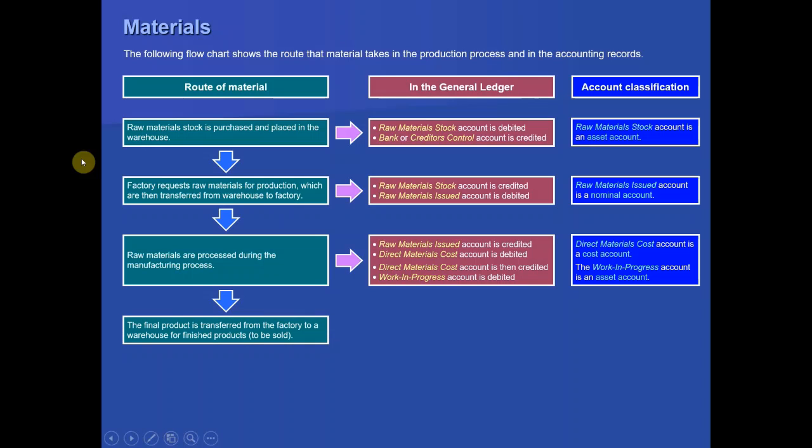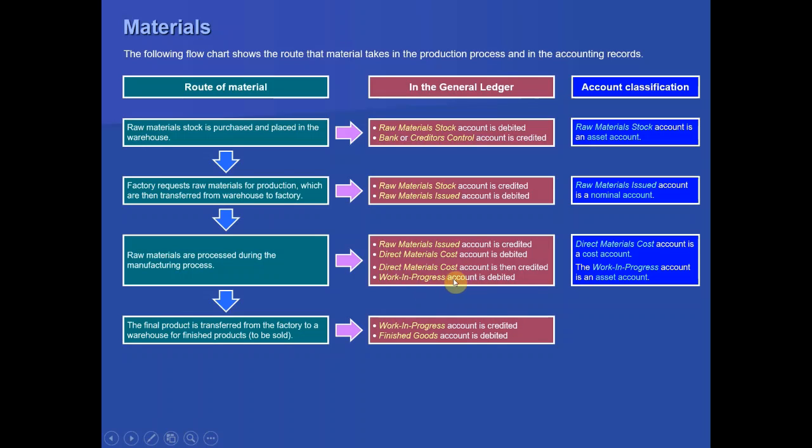So now we mentioned there are three rooms, or we can think of this as a three-room process. Now that the product is completed, the final product is transferred from the factory to a warehouse for finished products to be sold, or what I rather like to refer to as the display room.